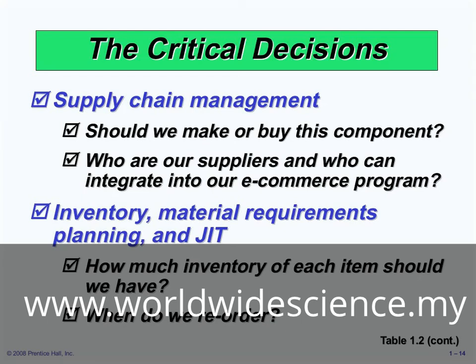Sometimes companies see that making the raw material itself is more economical. And sometimes the company sees it's better that raw materials should be purchased, so they should look for good suppliers to purchase high quality components and material.